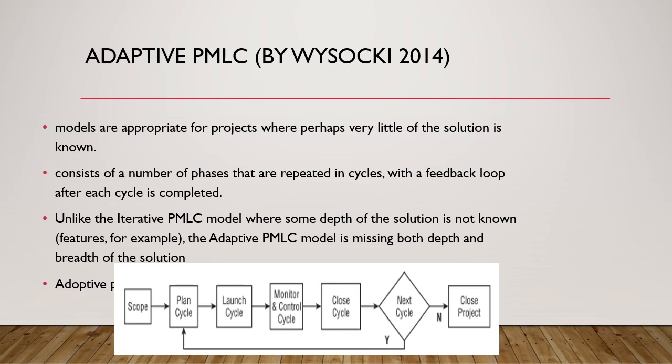So you decide on that, and if you want to do another cycle, you will start from the planning again. There is no scoping phase. The scope is already decided at the beginning of all the cycles. When you finish all your cycles and you are satisfied that the project is done, then you close the project.